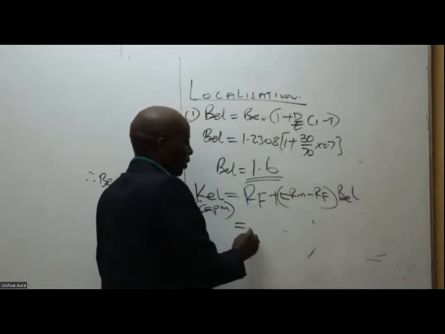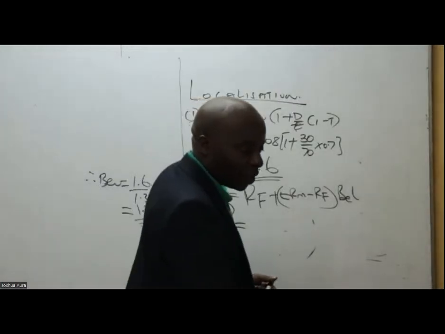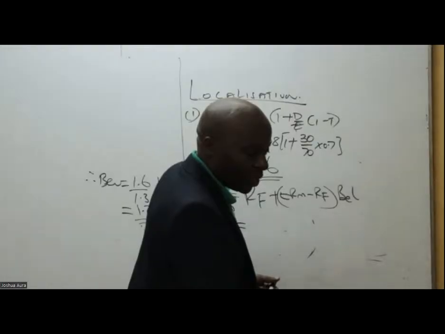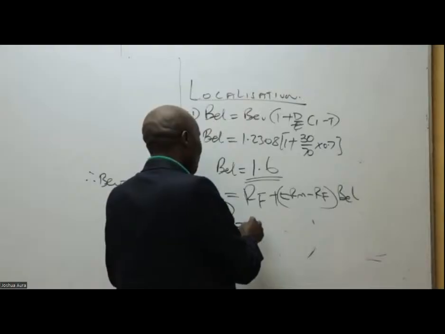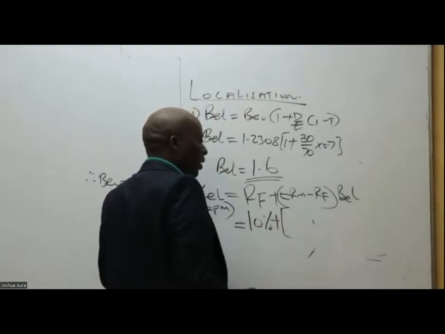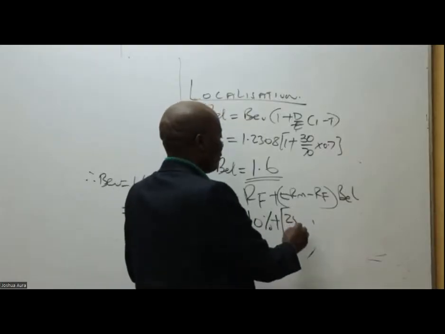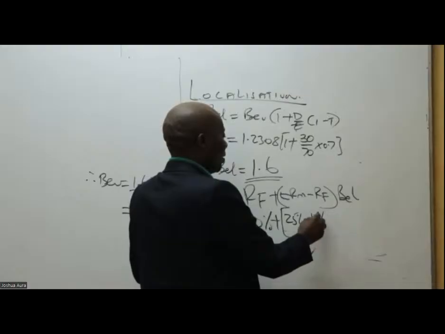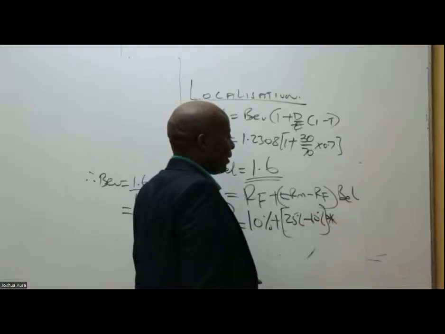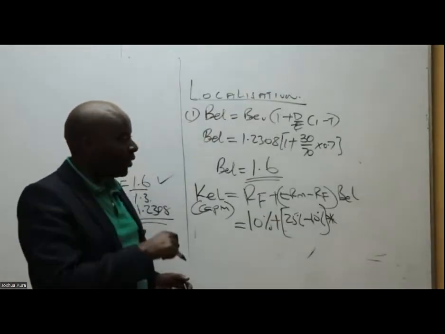Is there somebody who can remember the risk-free rate of return? 10. Thank you so much. So risk-free rate of return is 10 here. Plus, how about market returns? Market returns 25 minus 10% multiplied by beta equity over a levered organization.